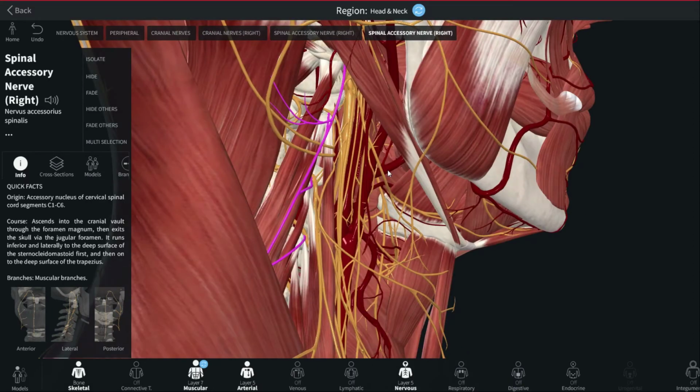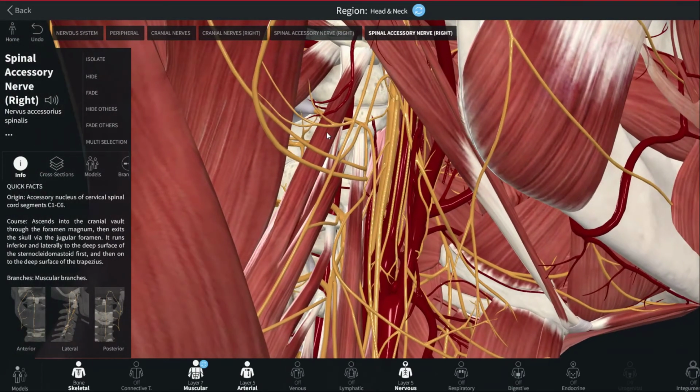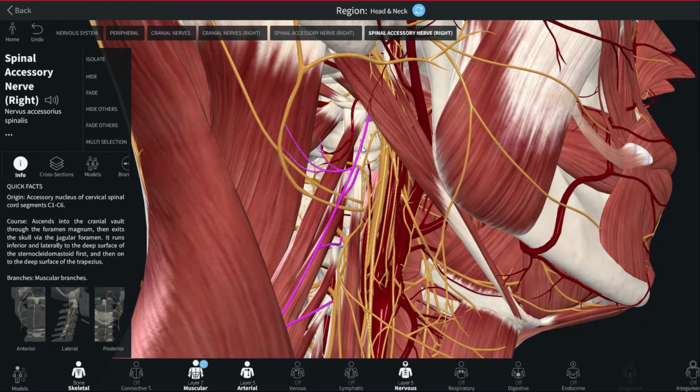The spinal accessory nerve is the 11th cranial nerve. If it's a cranial nerve, obviously it's coming down from the brain. It's a little difficult to show here because of the very strong crowding present. A lot of things are crowded together here.